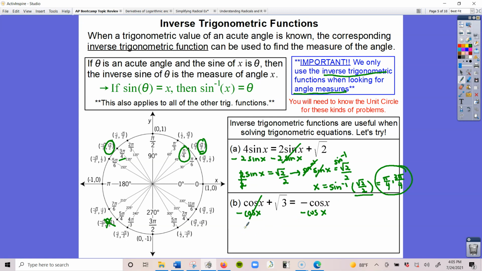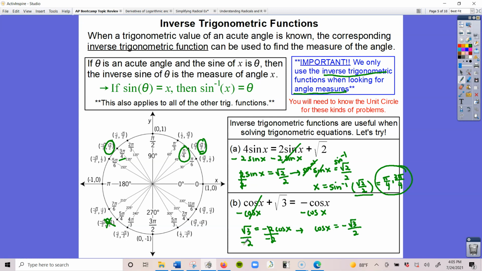And we get that square root of 3 is equal to negative 2 cosine of x, since these are both negative. Now again, we want to get cosine alone, so we're going to divide by negative 2 on both sides. And we get that cosine of x is equal to negative square root of 3 over 2.